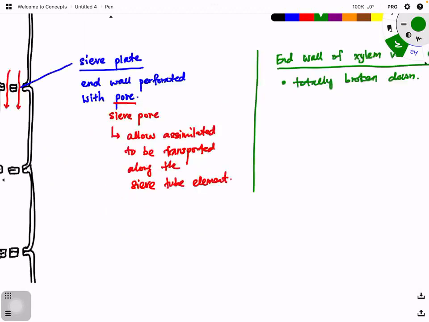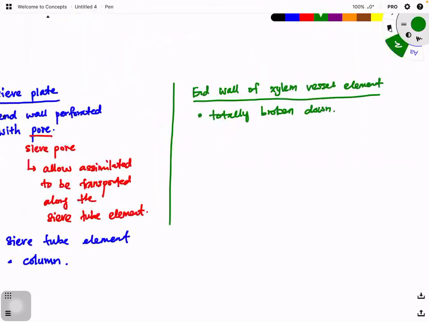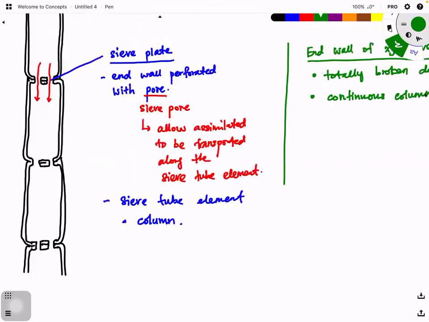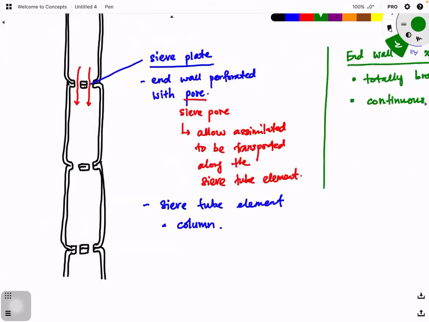The sieve tube elements form a column, but not a continuous column. Because the end wall of the xylem vessel element is totally broken down, they form a continuous column. That's one difference.